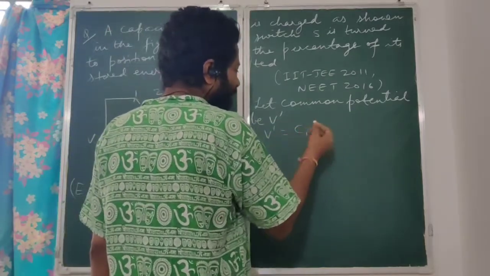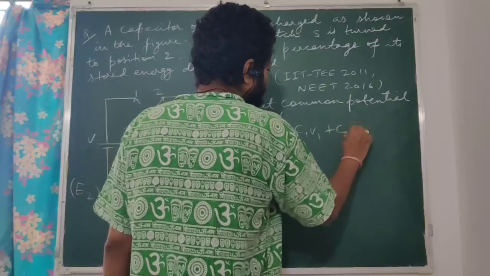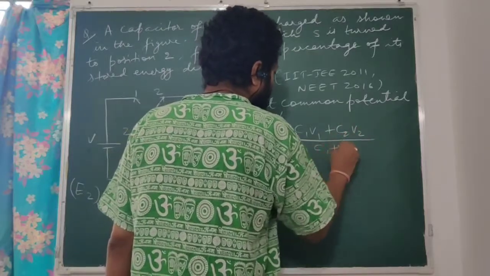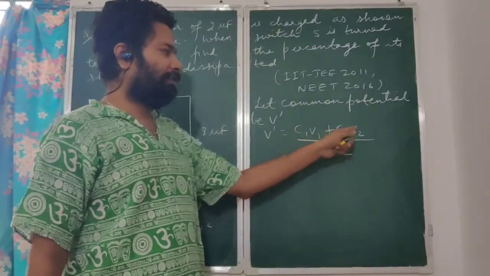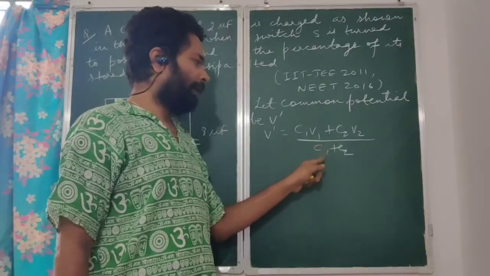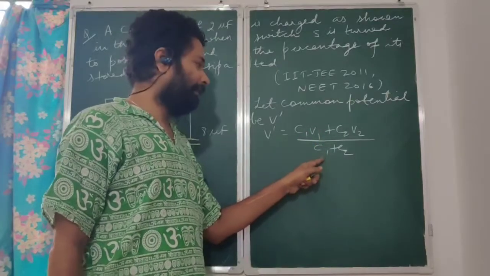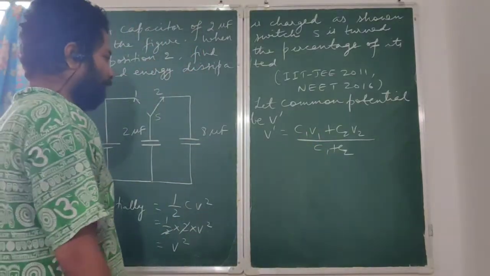So what will be the value of V dash? We have already studied V dash is equal to C1 V1 plus C2 V2 by C1 plus C2. This is the net charge and this is the net capacitance. So what is C1 V1?